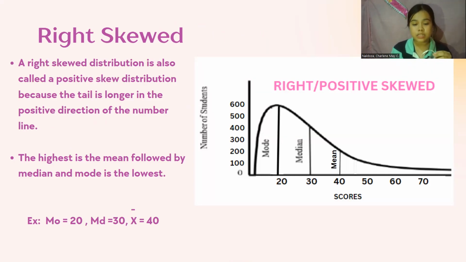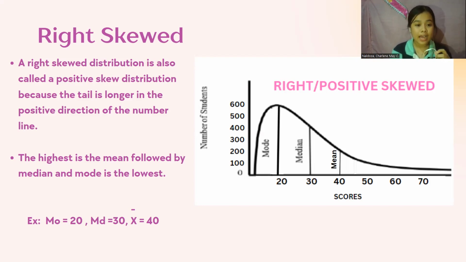As you can see in the picture, the tail is longer on the right side. And in the x and y axis, we all know that the right side is a positive value. That's why the right skewed is also called positive skewed.